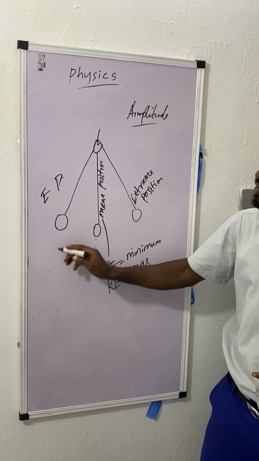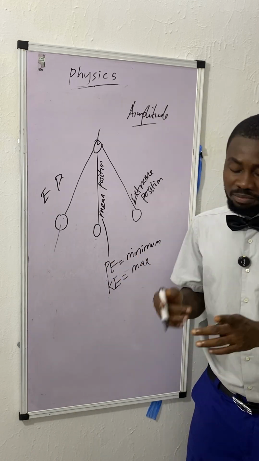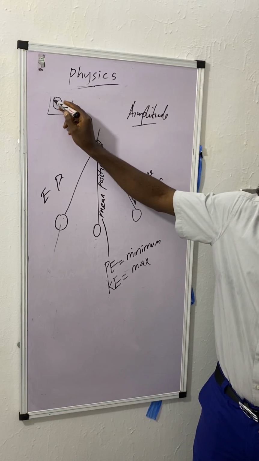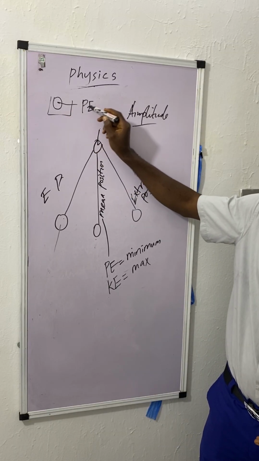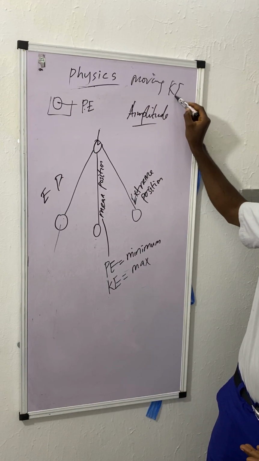So at the extreme position, what do we expect here? Remember, potential energy is stored energy possessed by a body by virtue of its position. When a body is stationary, that energy is known as PE, potential energy. When a body is moving, that energy is known as kinetic energy.